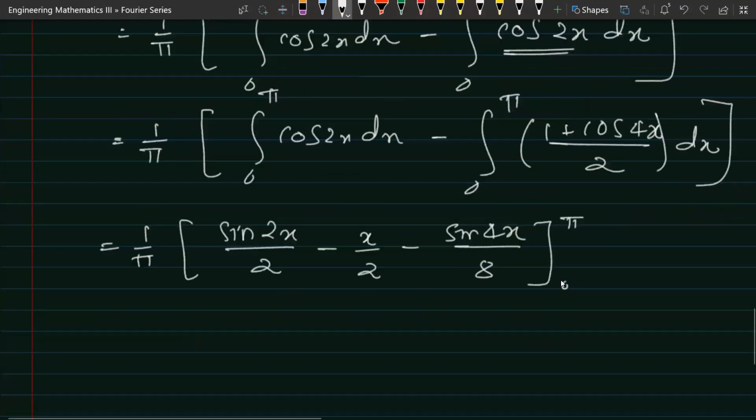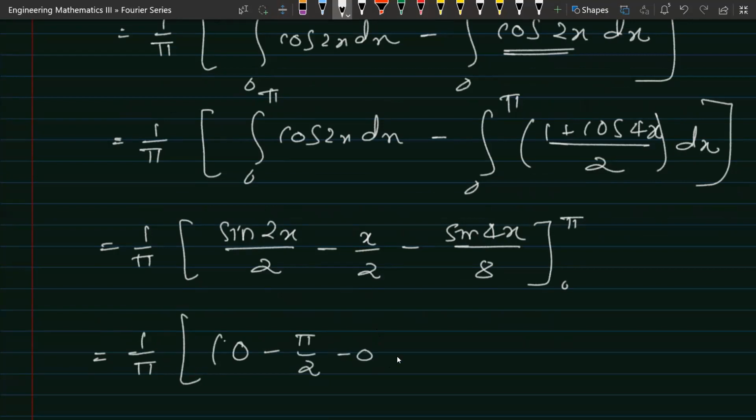If we apply the limits, for the lower limit everything becomes 0, because sin 0 is 0, x into 0 is 0. Now for the upper limit: sin 2 pi is 0, minus pi by 2 times pi... sorry, x is pi, minus 0, minus 0.